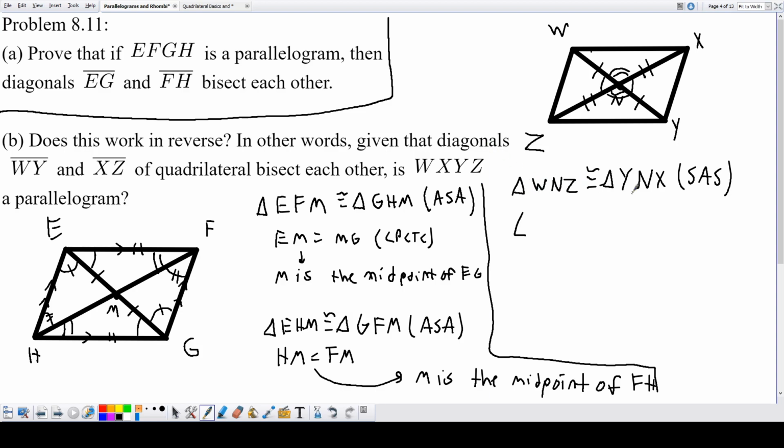And this implies that if we have that these two triangles are the same, that means this angle here is going to be the same as this angle over here. So angle ZWN is congruent to the angle XYN because of CPCTC.